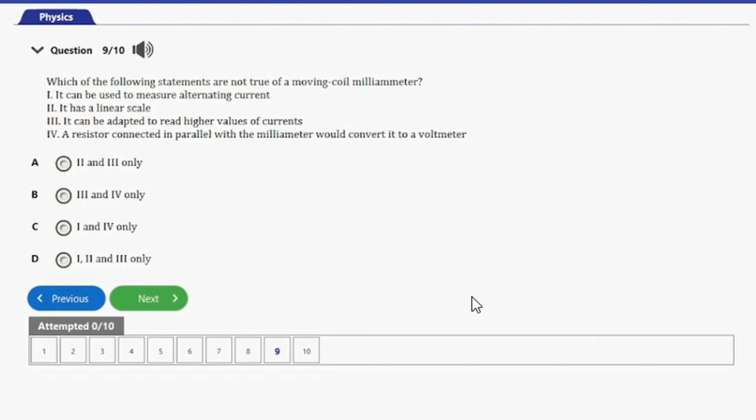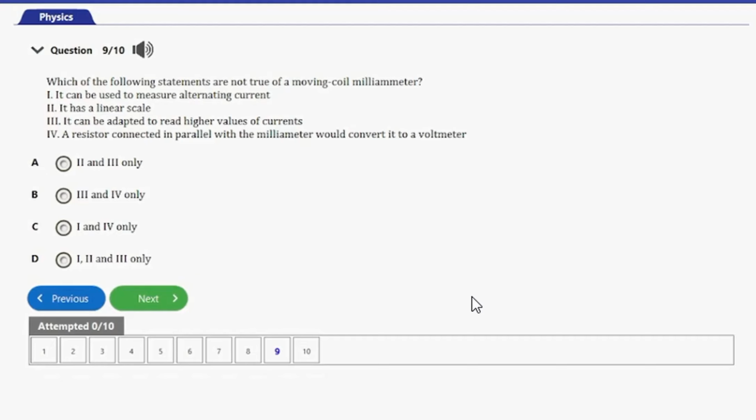But option II here is true for this, and option III is also true for this, but option IV here is not so true, because in order to make a voltmeter from this milliammeter, we have to connect it in series with a high value resistor and not in parallel. In that case, the answer to this question is option C, that's I and IV.